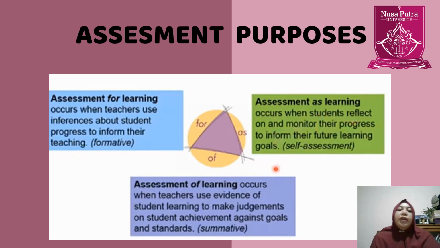As we know, assessment for learning occurs when teachers use inferences about student progress to inform their teaching, and it's called formative. Assessment of learning occurs when teachers use evidence of student learning to make judgments on student achievement against goals and standards.